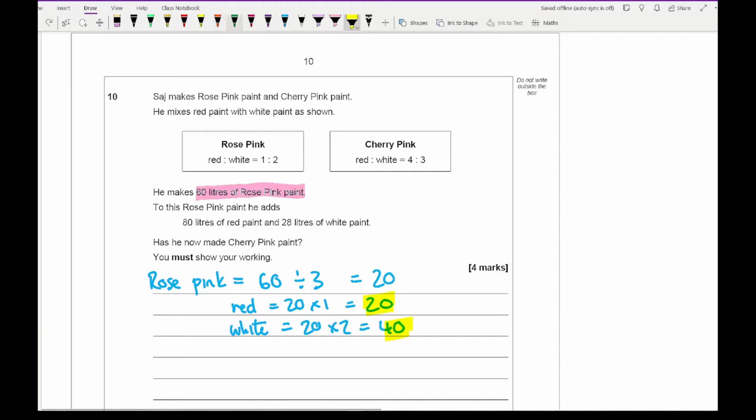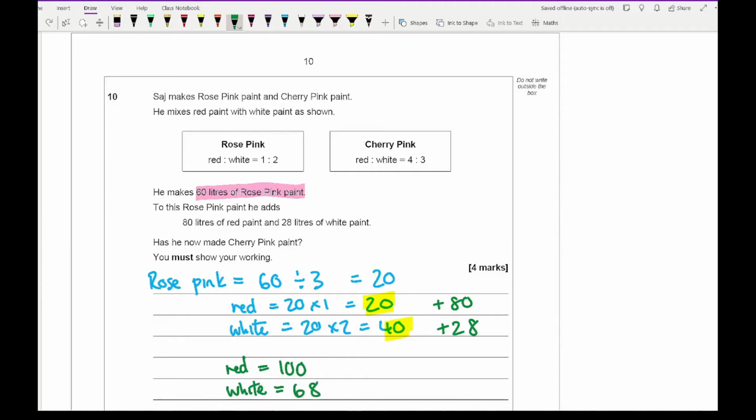Now from this, what we then need to do is add 80 litres of red. So I'm going to add 80 to this, and I'm going to add 28 litres to that. So from this, we've got our red paint totalling 100 litres and our white paint equalling 40 plus 28, which is 68.